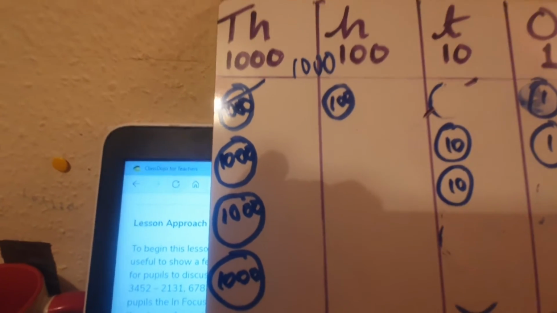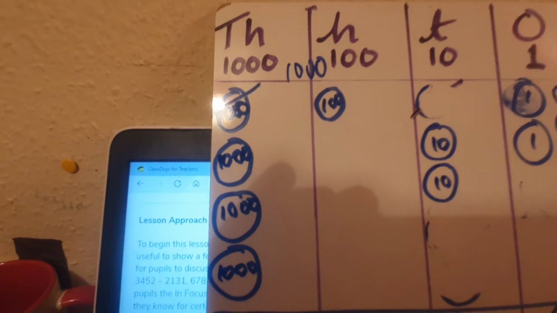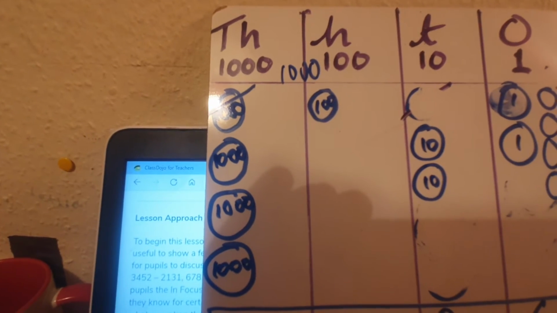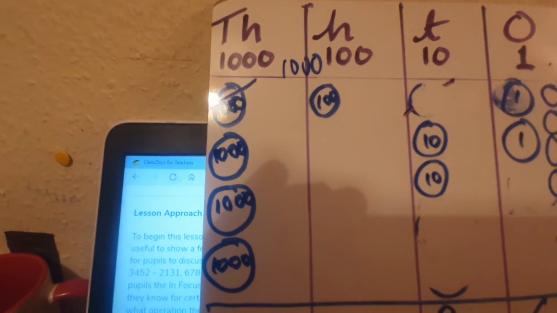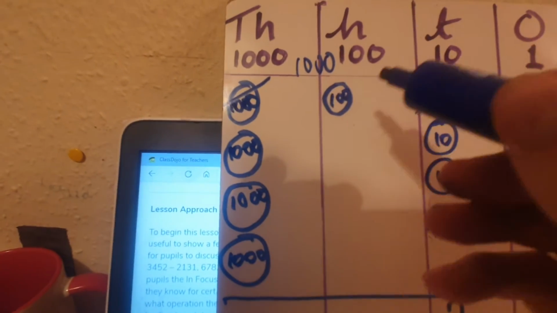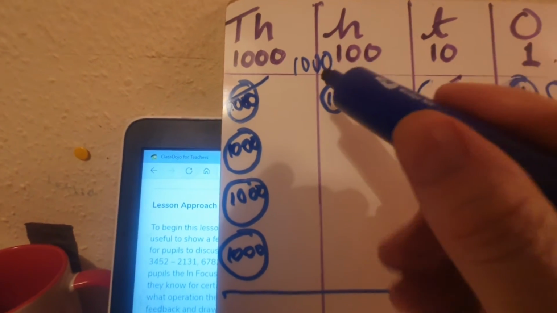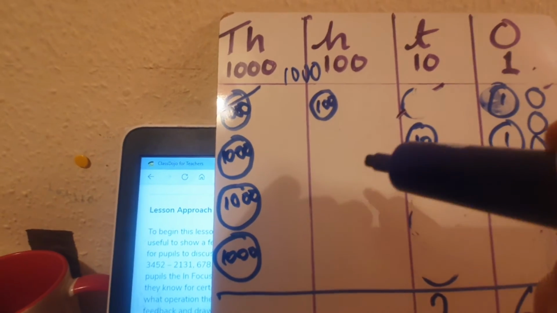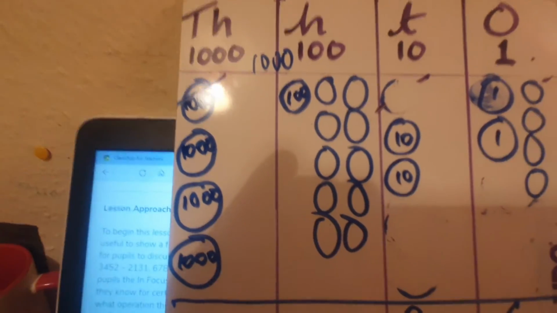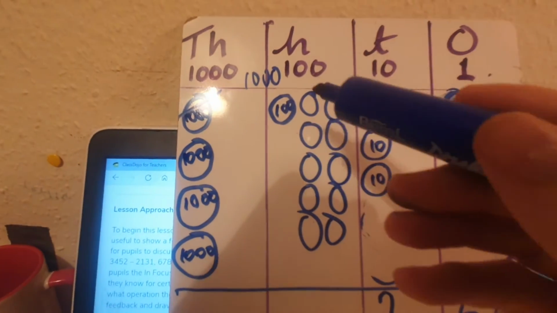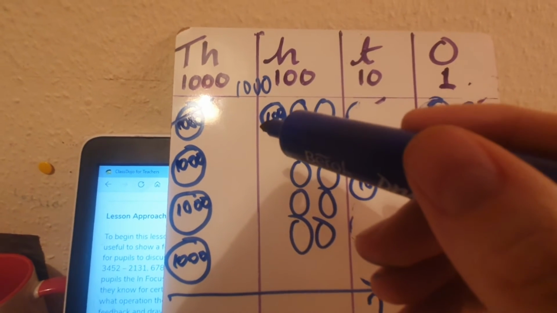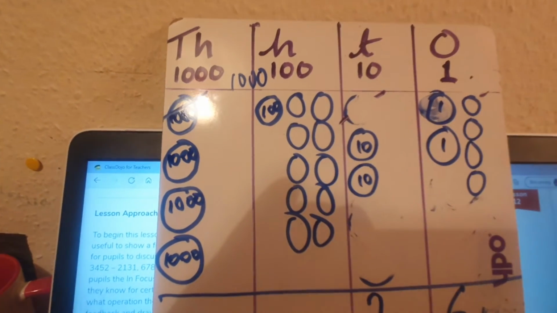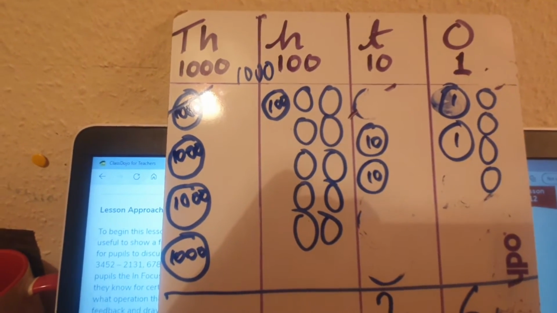Now we know 1,000 is the same as 10 hundreds. So what we need to do now is exchange our 1,000 for 10 hundreds. Okay, so you can see now I've got 10, add 100 is 11 hundreds.